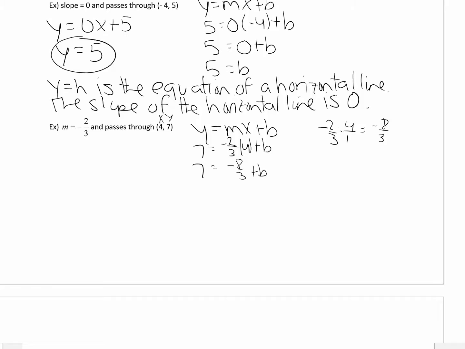Now, because I have a fraction, I'm going to multiply every single term by 3 to get rid of the fraction. Don't forget to multiply 3 by b also. 3's divide out. So add the 8. And then divide by 3.